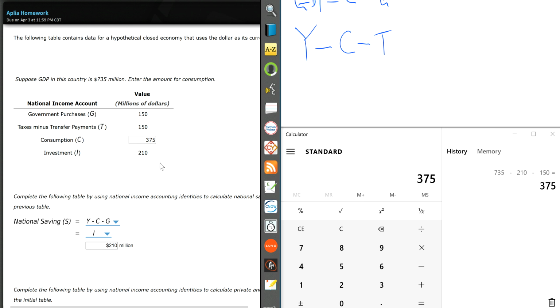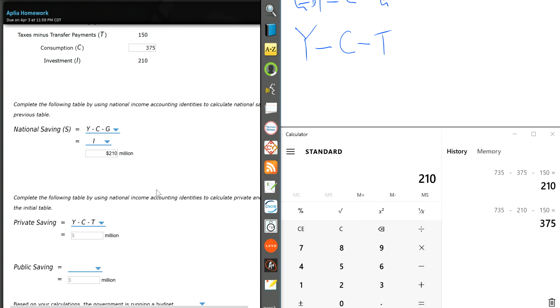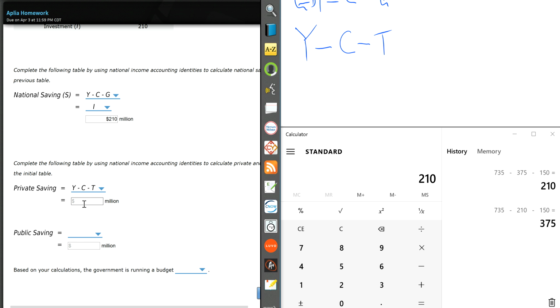I'm going to use 735 minus your consumption of 375, and then minus your tax of 150. So your private saving is 210. So let's put that in there.